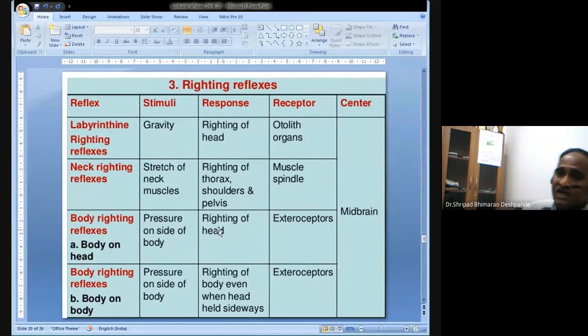These are exteroceptors. The pressure coming from the skin and the other receptors will sense the position of the body, where I am, and try to make it possible to orient. So these are body righting reflexes on the body and on the head. Similarly the body righting reflexes try to orient the body. The center is in the midbrain.